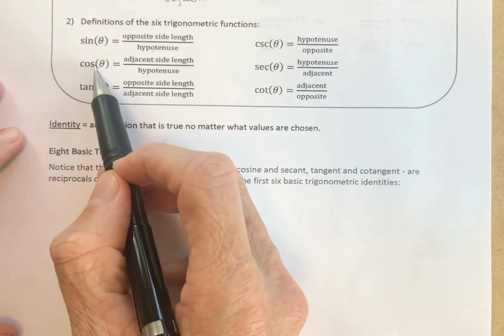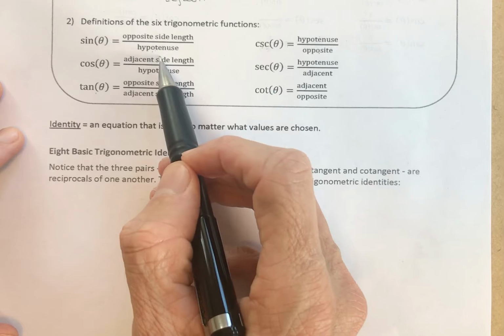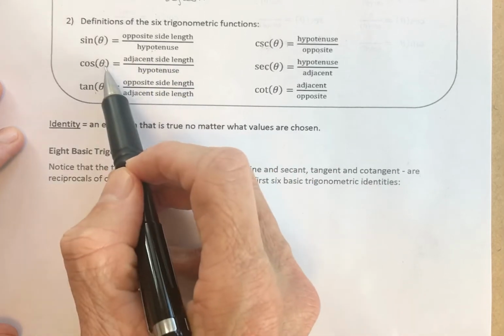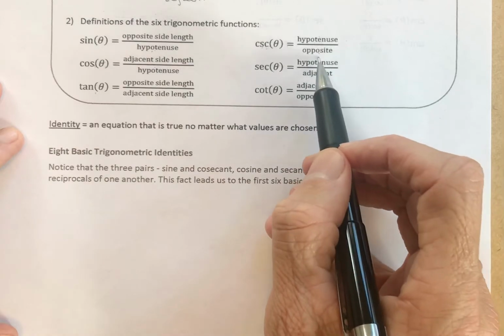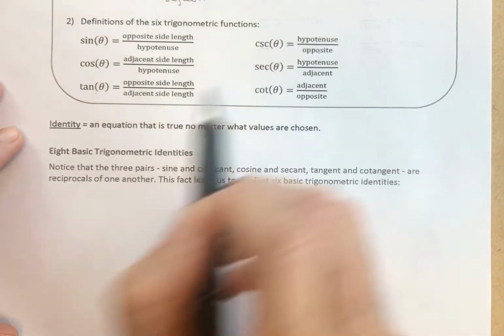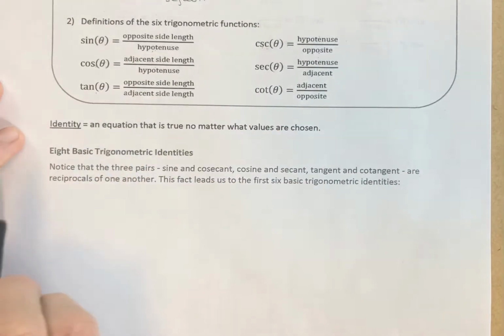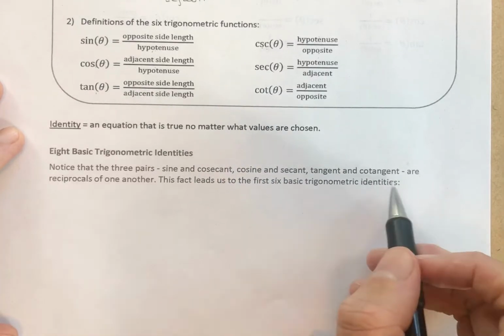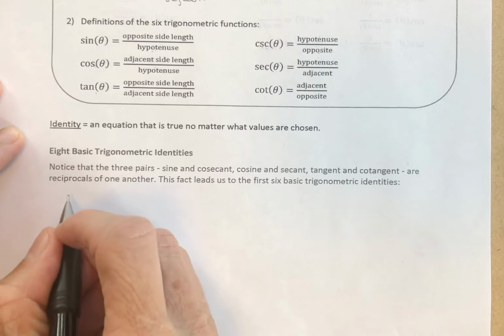The cosine, similarly, is the adjacent over the hypotenuse. 1 over the cosine is the hypotenuse over the adjacent, which is called the secant. And the same thing holds for tangent and cotangent. So this leads us to the first 6 basic trig identities.